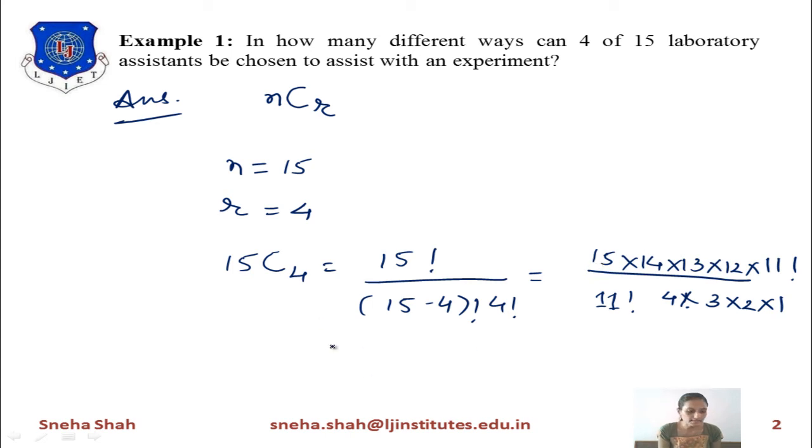The final answer equals 1365. So there are 1365 different ways to choose 4 of these 15 laboratory assistants for any particular experiment.